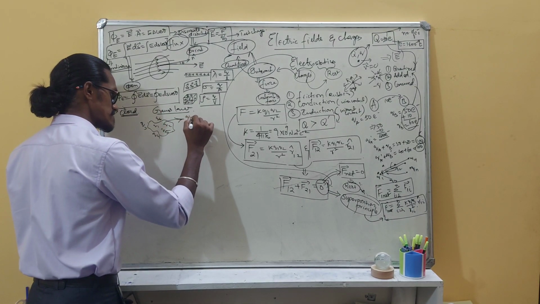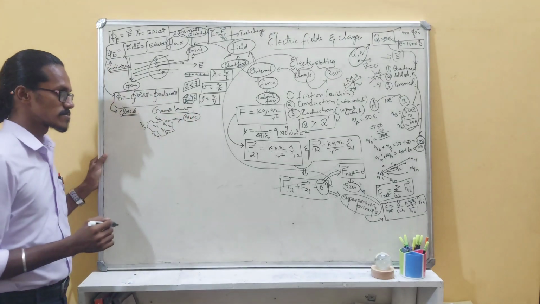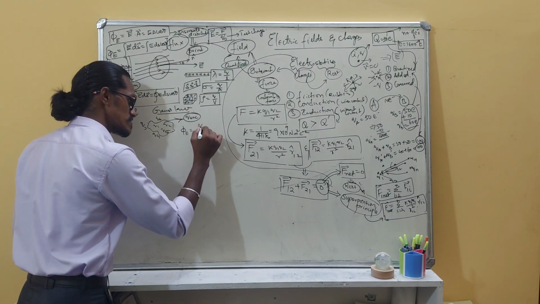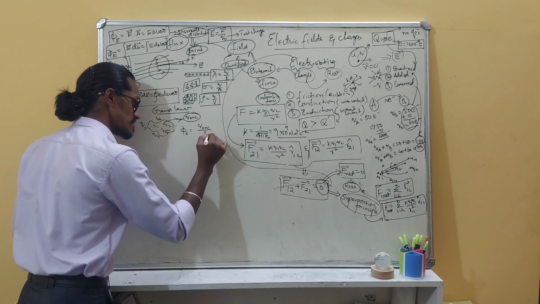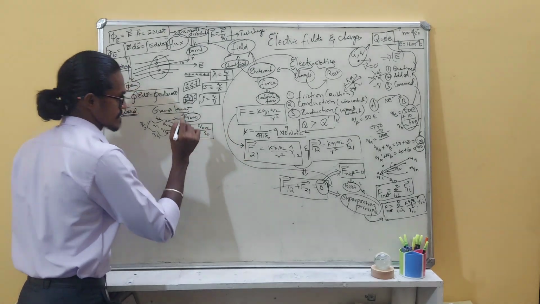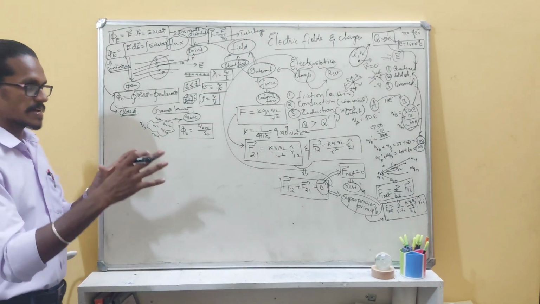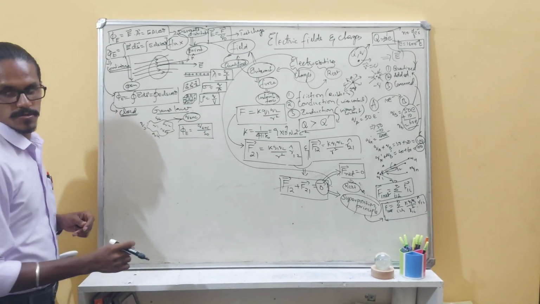This charge is named Q enclosed. Therefore the electric flux is given by Q enclosed divided by epsilon naught. Epsilon naught is the permittivity of the medium.